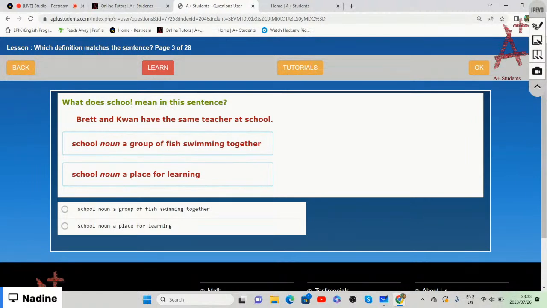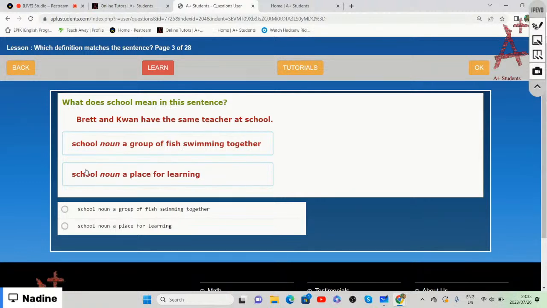What does school mean in the sentence, right? Brit and Quan have the same teacher at school. Is it school, which is a noun, a group of fish swimming together, like a school of fish?